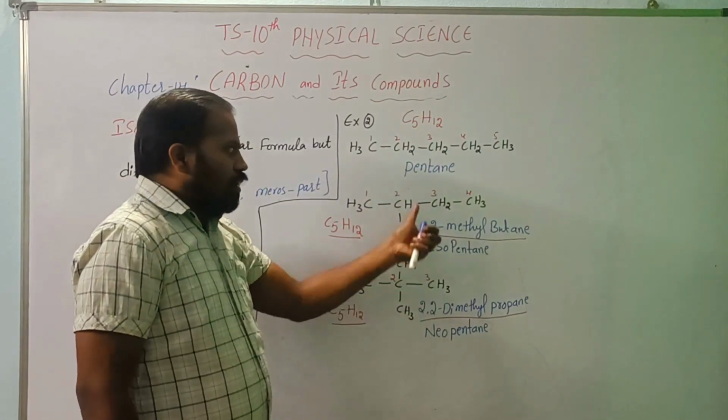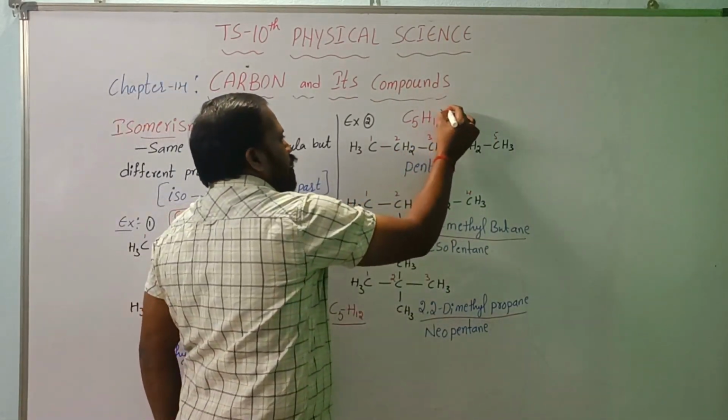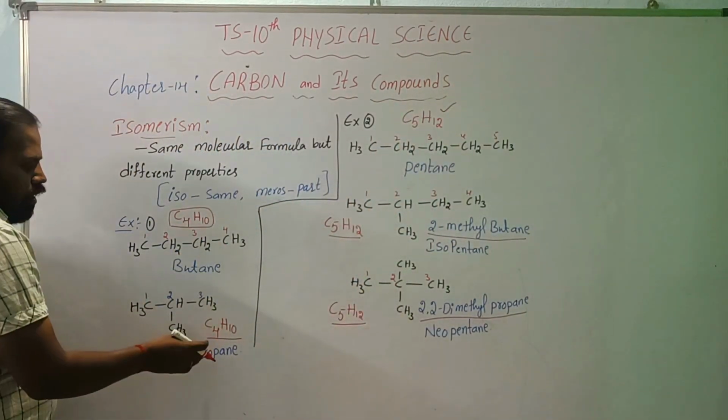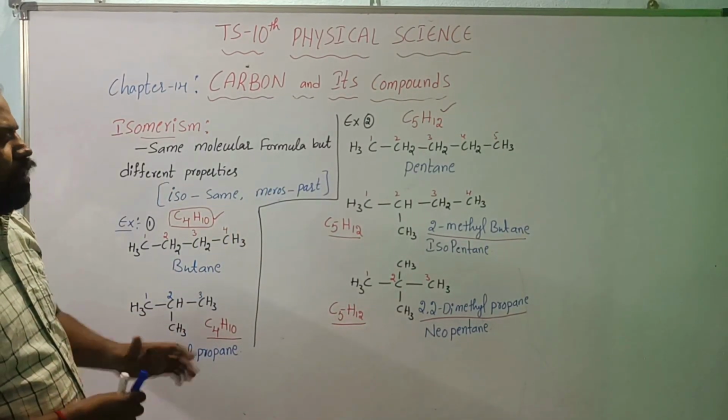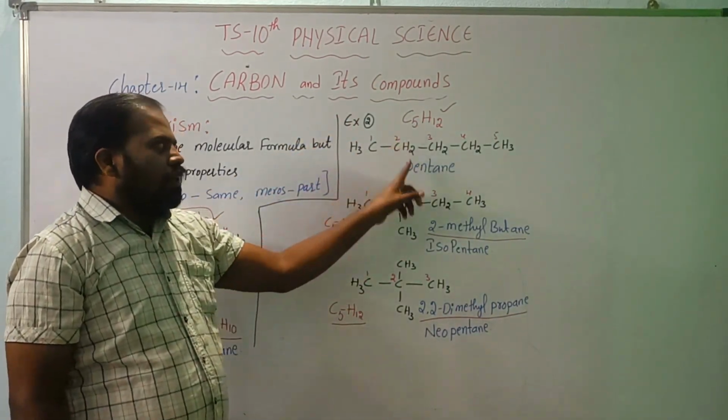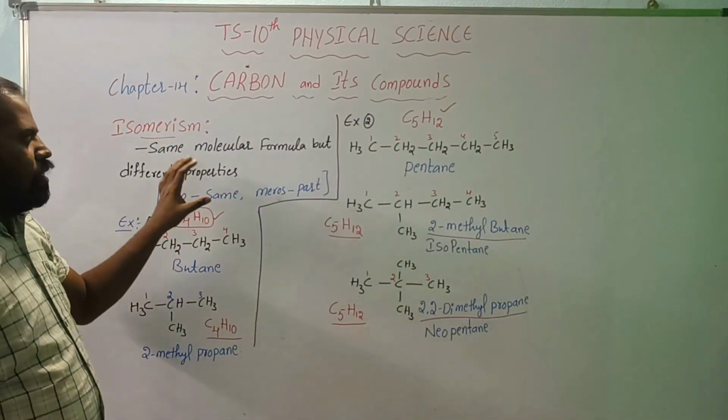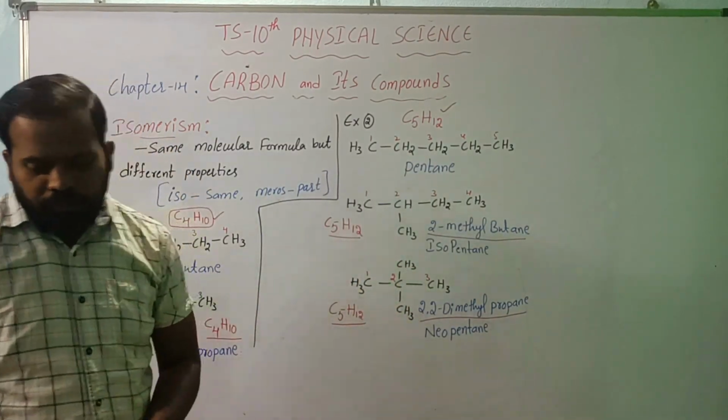So these three are the isomers of C5H12. These two are the isomers of C4H10. So what you are identifying here is the same molecular formula but different structures. This we can say is isomerism.